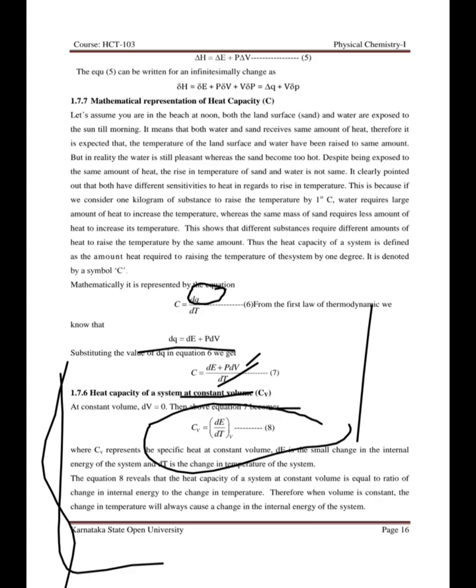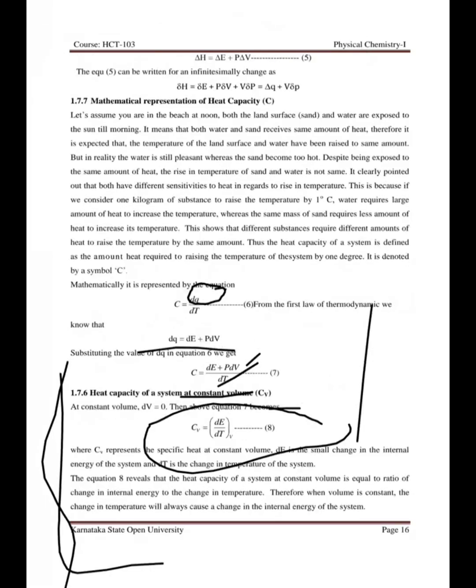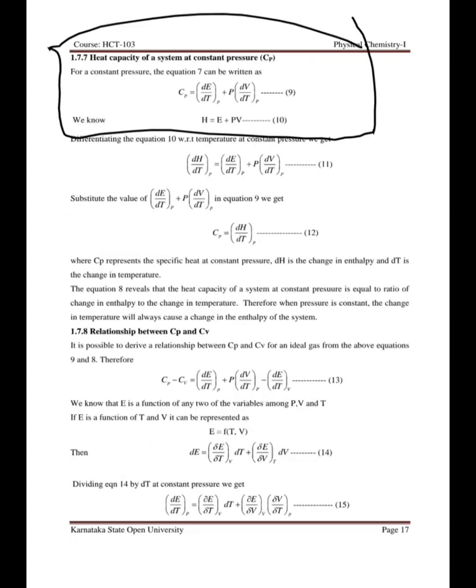Next, the heat capacity of the system at constant pressure. Previously we derived the heat capacity. For constant volume, dV is 0, and similarly for constant pressure, dP will be 0.